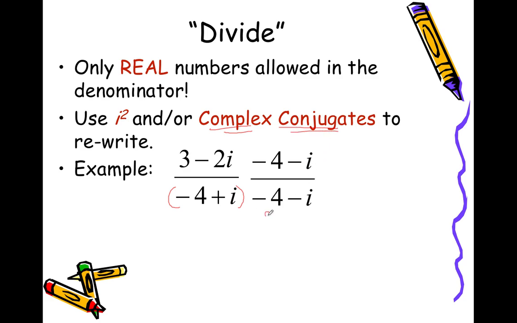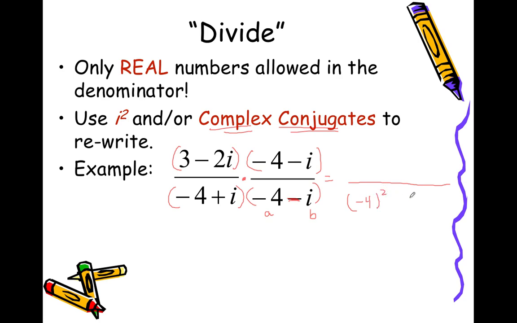So I copied a over, I copied b over, and I changed the sign in between. But remember, I still have to multiply by what? 1. So whatever I've written in the denominator, I have to copy over in the numerator. Now this is a slightly annoying problem at the top, but not in the bottom, because we just memorized our complex conjugate pattern.